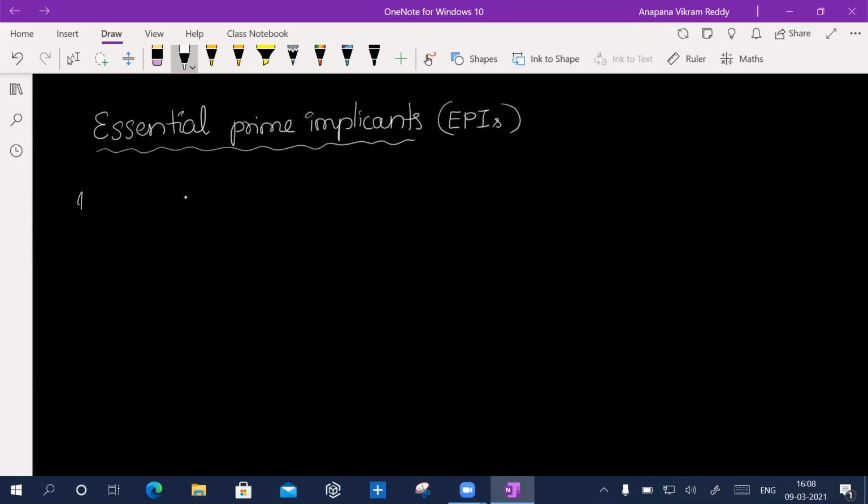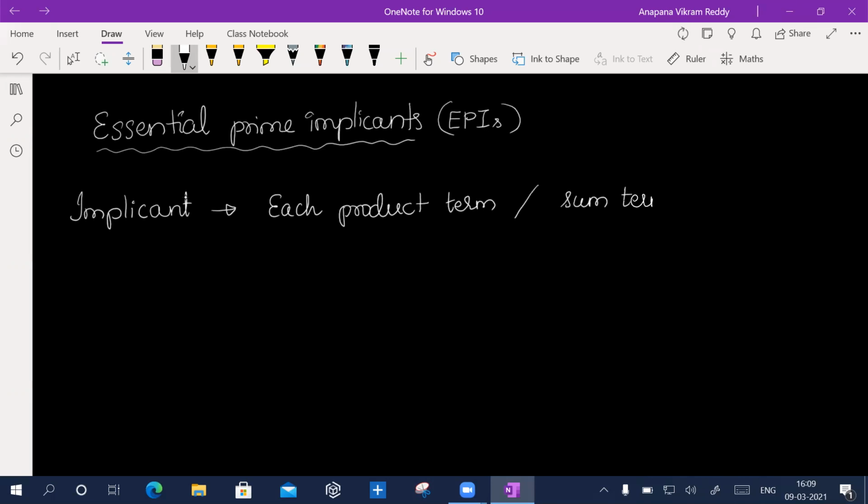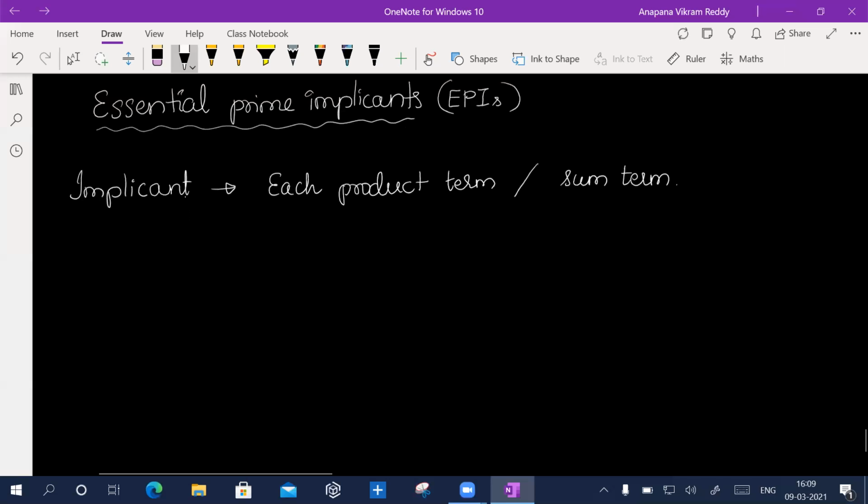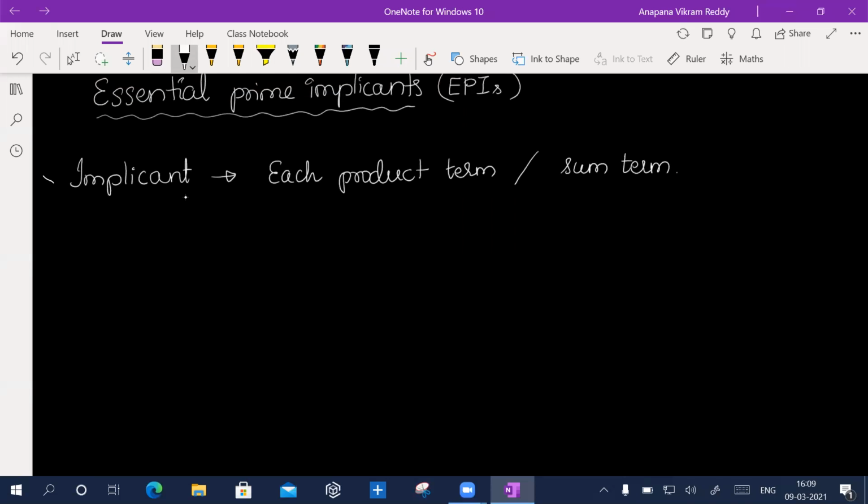So first of all, what is an implicant? If I take a sum of minterms, each product term, or I can take each sum term, you'll understand this, don't worry.